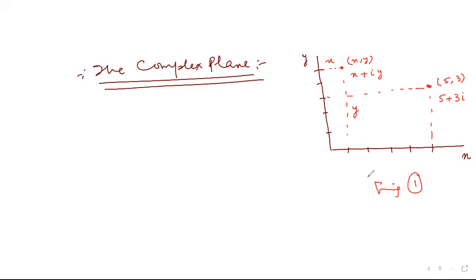Now, in analytic geometry, we plot the point 5 comma 3 as shown in figure 1. This point represents 5 comma 3.